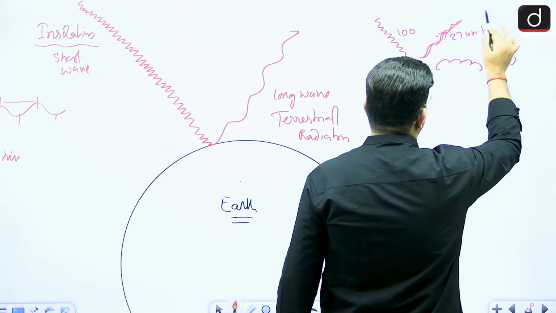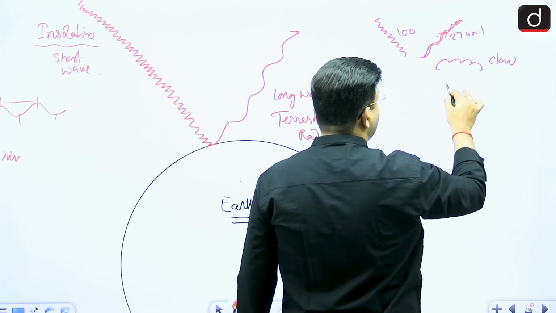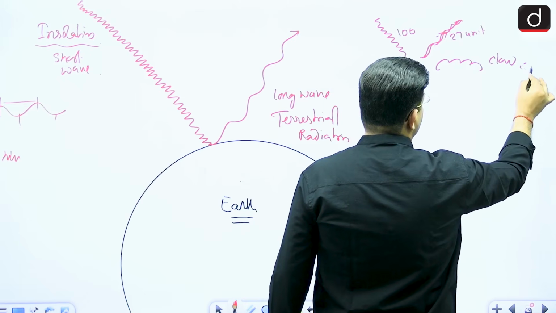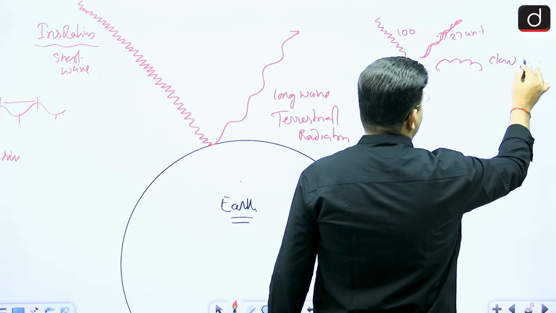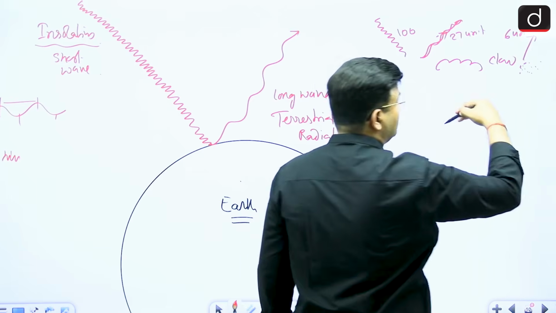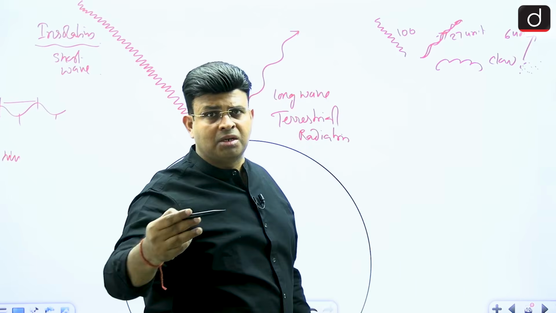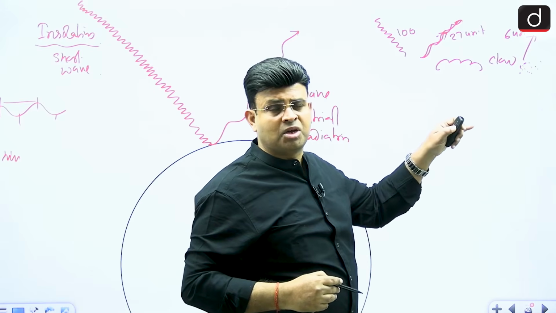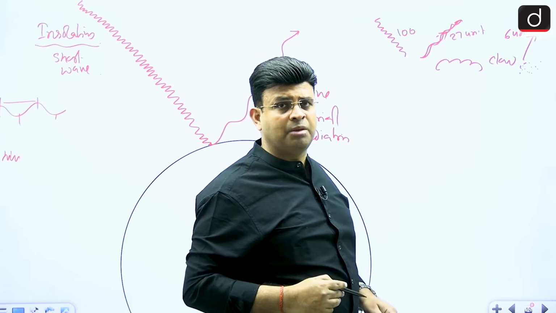Then 6 units are reflected by the atmospheric particles which are available.